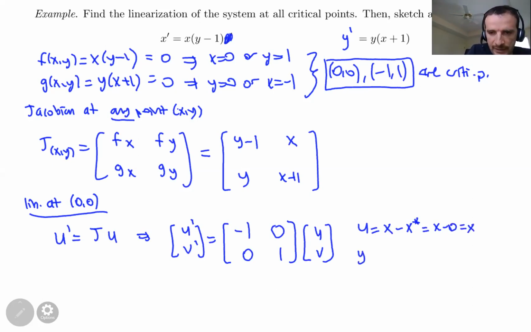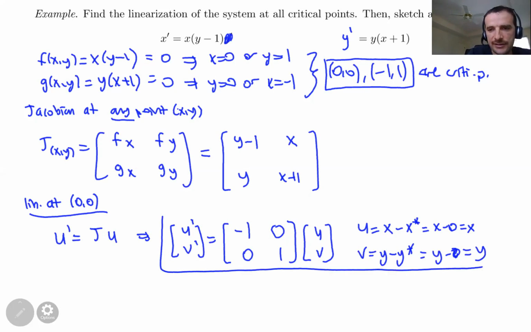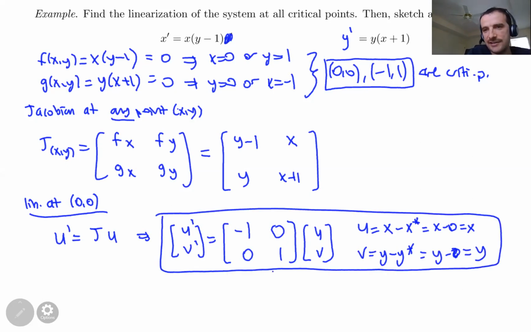And v is equal to y minus y star, and y star is 0, so v is y. Okay, so the linearization is this. Now, as you see here, we have a linear differential equation system in u and v. You don't have u times v, for example. But u is equal to x, v is equal to y. All right, this is the linearization at (0, 0).